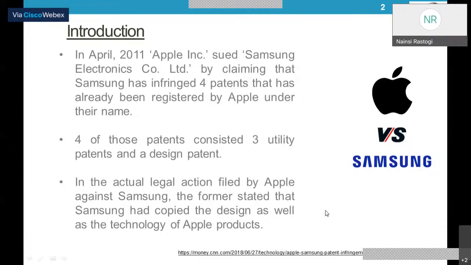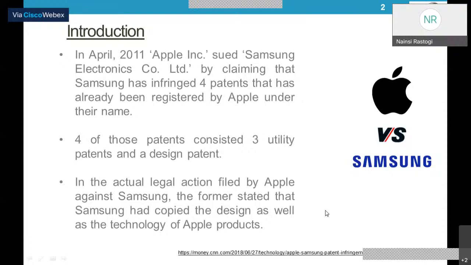Then Samsung introduced new phones in 2012-13, the Samsung Galaxy series. It was held that the Samsung phones were copying the design and the interface of the Apple phones, which were also protected under utility patents and design patents. So this was how the case started.